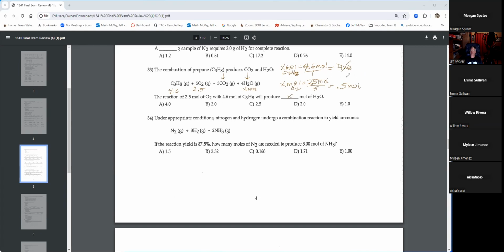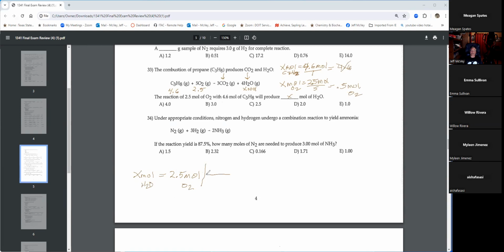We're going to do something else with this, but this is going to control how much water I can produce. So I'm going to do it down here where I have a little bit of room. How many moles of H2O can I produce if I've got 2.5 moles of O2?